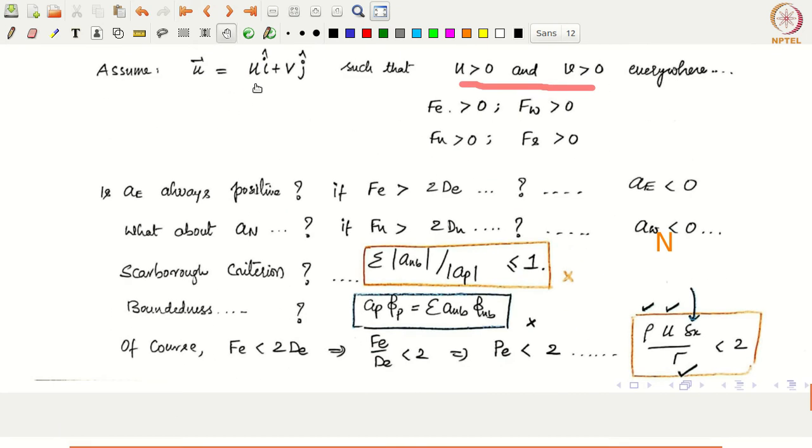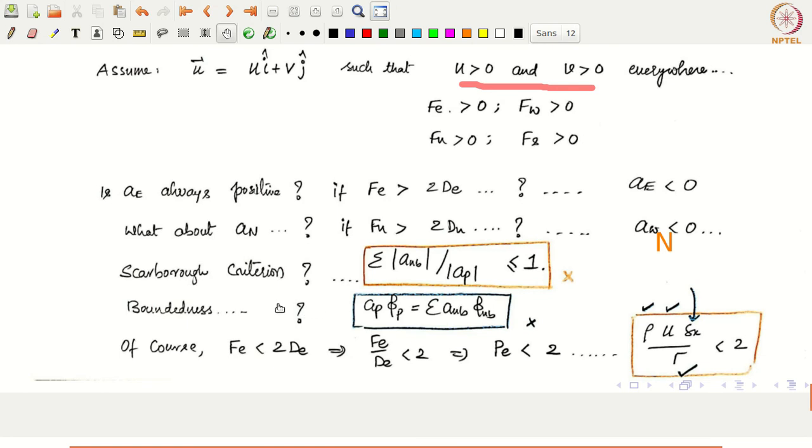Okay, AP will be equal to sigma A and B, but the Scarborough criteria would be modulus of sigma A and B by modulus of AP. This will not be satisfied, because now AP will come out to be smaller than the sum of the modulus of the negative values, right? The moment you have negative values, although AP equals sigma A and B, this will be less than or equal to 1 will not be satisfied. So with negative coefficients, your Scarborough is not satisfied.